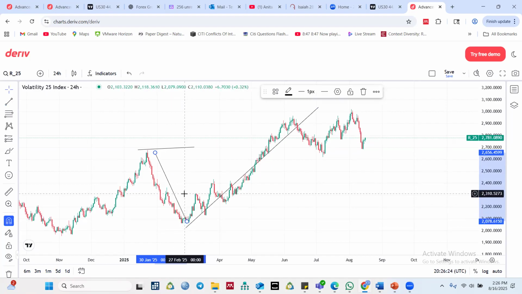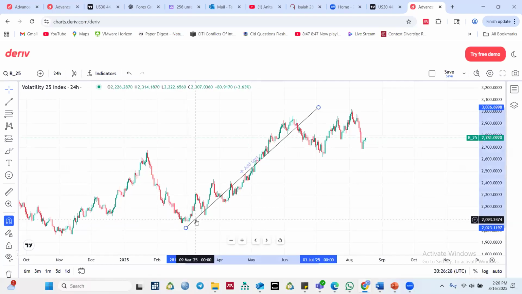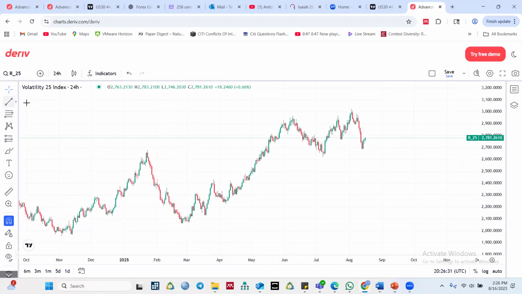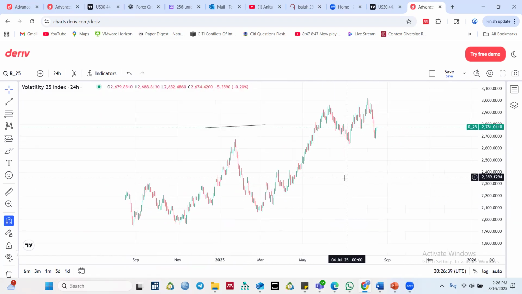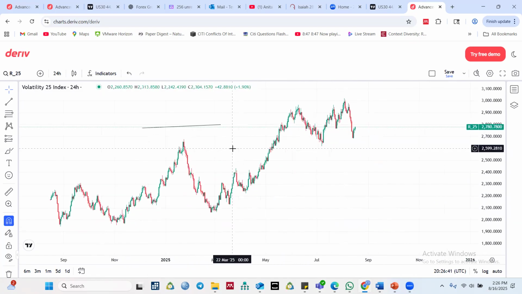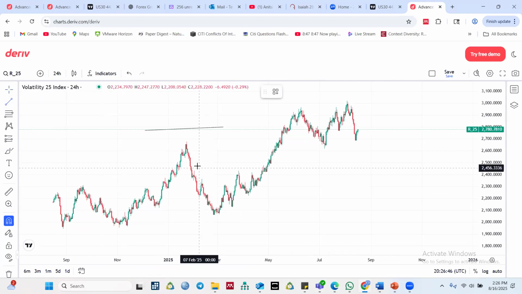This is showing you the structure of the asset or the structure of the pair. And on this chart, from where we stand, I can clearly see that the market is bullish.